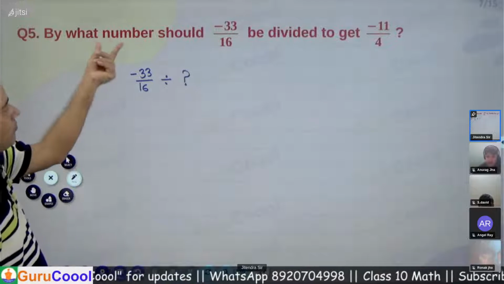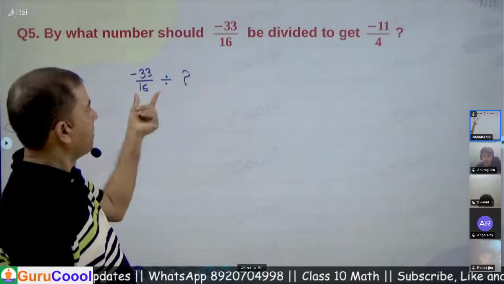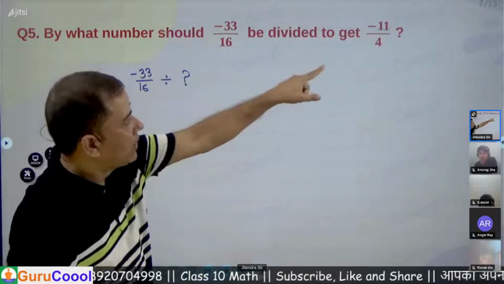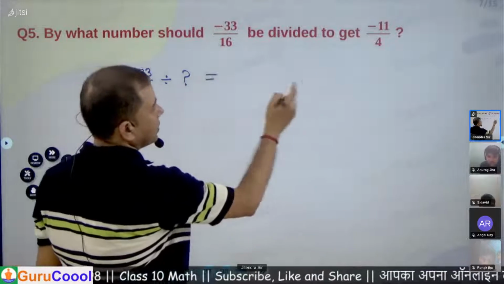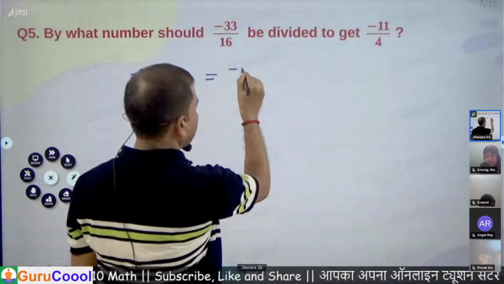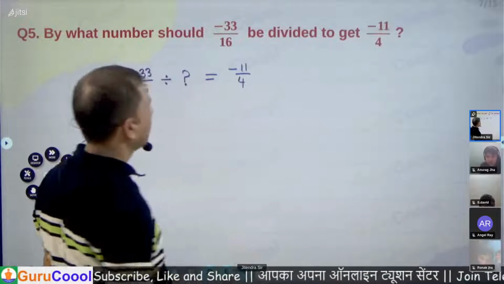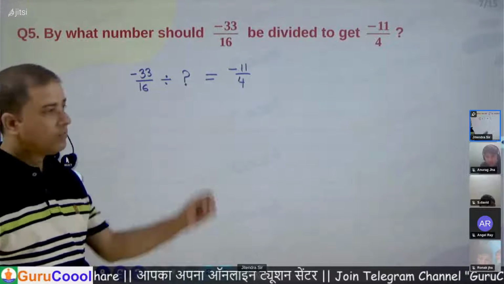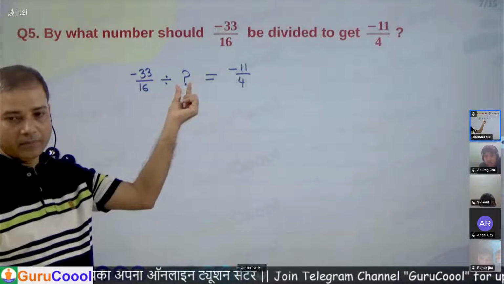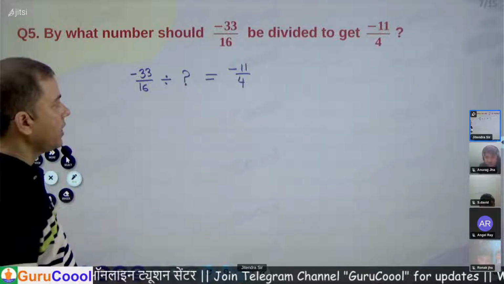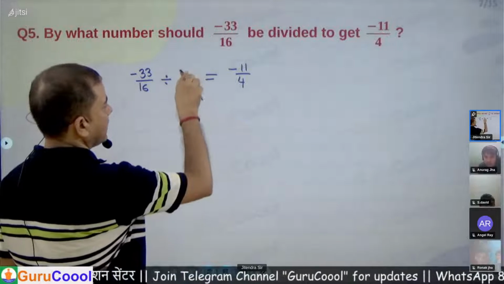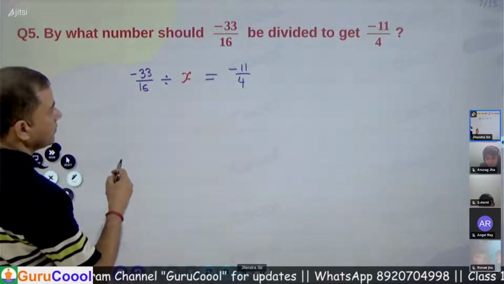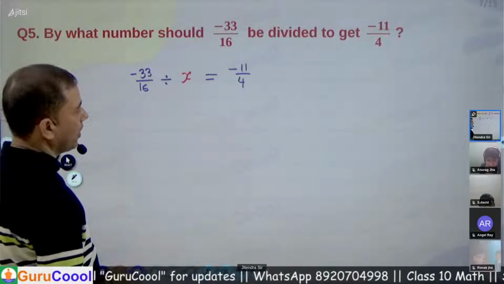By what number should this be divided, to get that, means the answer should be minus 11 by 4. This is the question. This place is the missing place. Let us take x in the missing place. Okay? And then see what happens further.